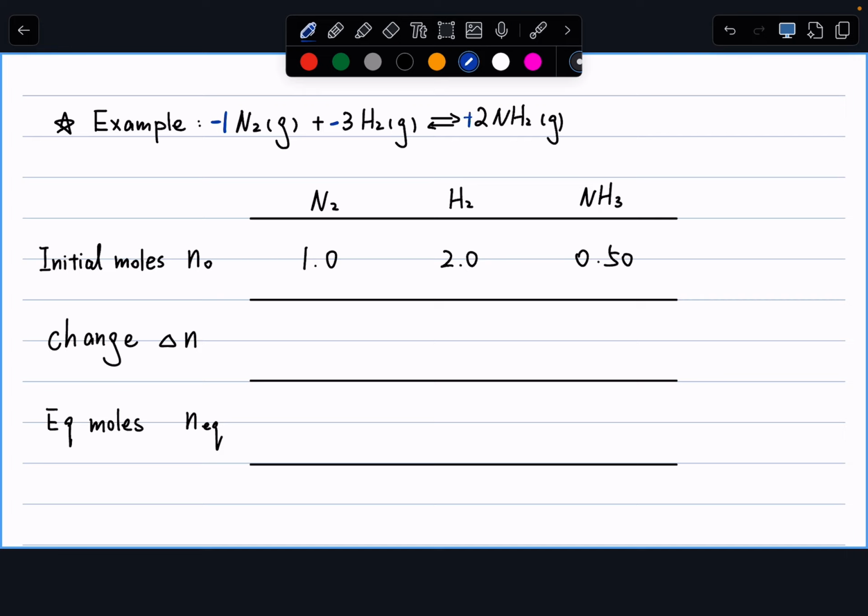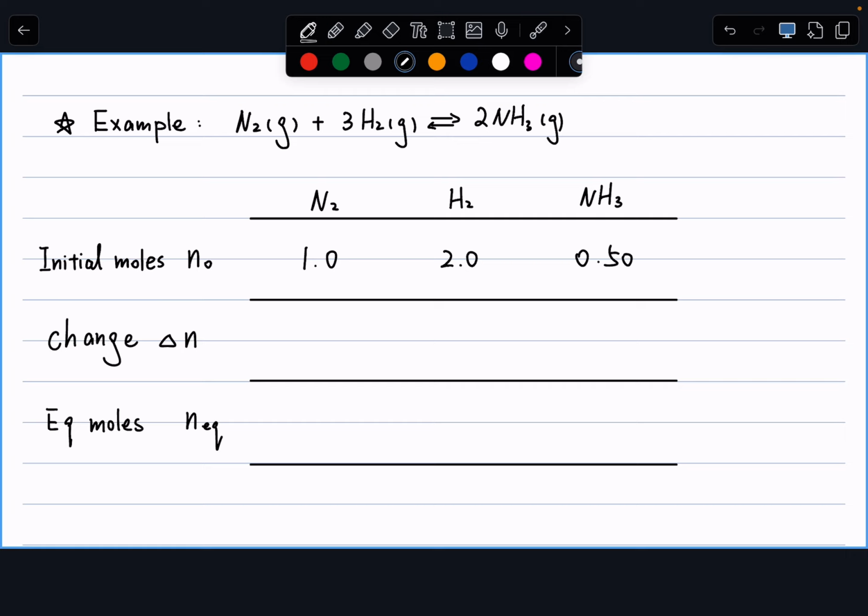Yes? How come in the equation it is NH2? What equation? The equilibrium equation. It is H2. Yeah, but then in the table it is NH3. Oh, this is the product. Oh, sorry. That should be NH3 as well. Thank you.